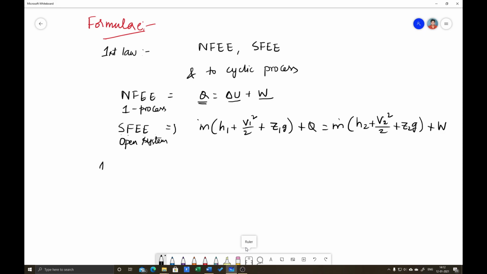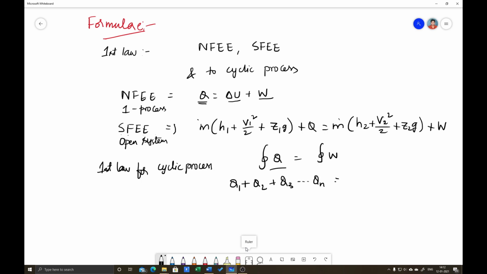And another first law, for closed system and cyclic process, will be cyclic integral of Q is equal to cyclic integral of W. If there are many heat transfers in a cycle, we have to add these heats up to n number of processes, and that will be equal to the work transfers W1 up to Wn.